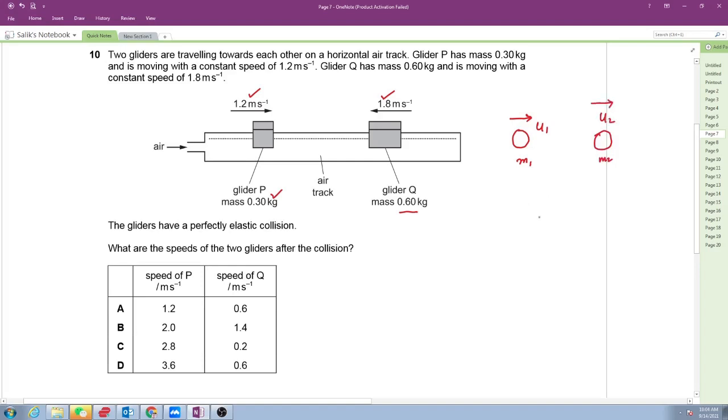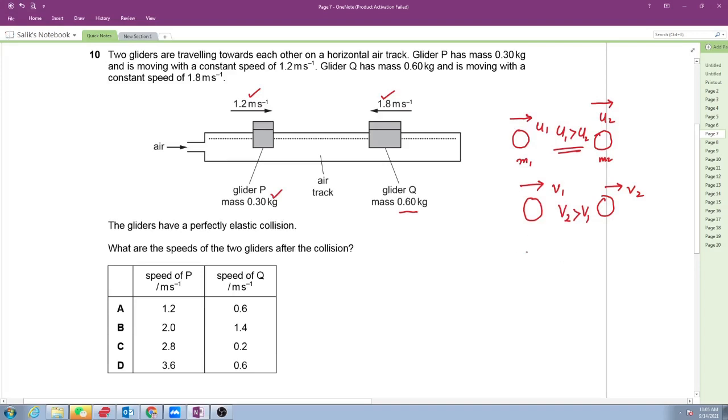After collision, they are still going this way, v1 and v2. If u1 is greater than u2, then they can collide, and after collision v1 is smaller than v2, so v2 is greater than v1. Keep it in mind whenever you are writing the equation.